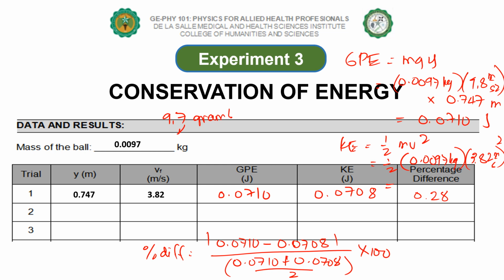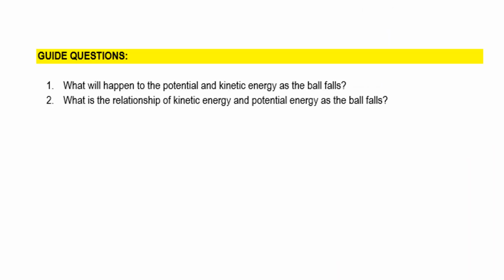Okay, so we have two questions here. What will happen to the potential and kinetic energy as the ball falls? At the highest point, the gravitational potential energy is at its maximum value.